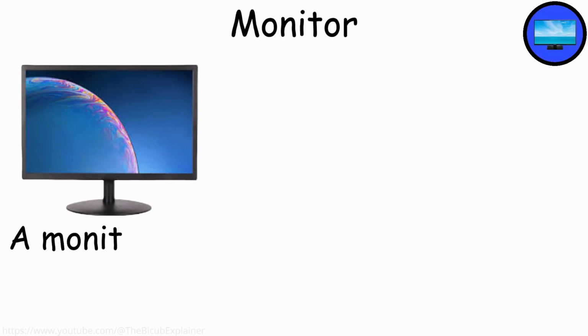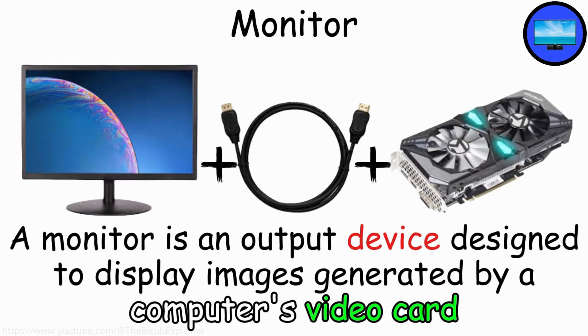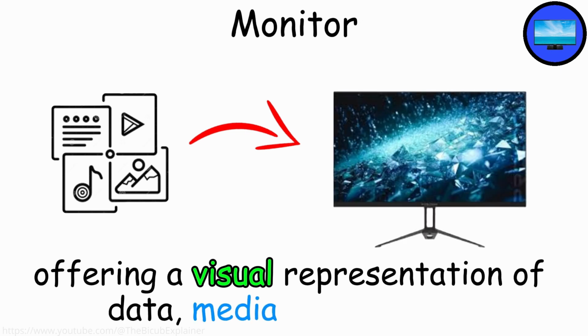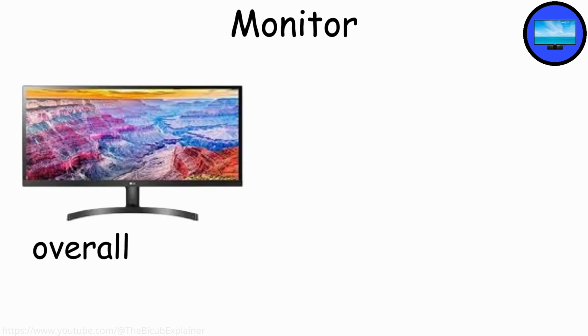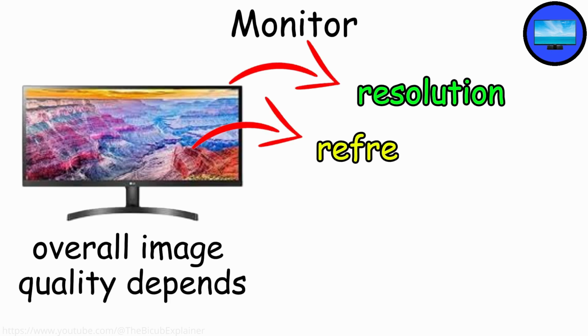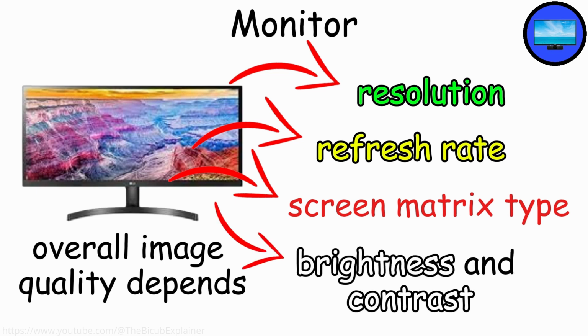Monitor. A monitor is an output device designed to display images generated by a computer's video card, offering a visual representation of data, media, and graphics. The overall image quality depends on factors such as resolution, refresh rate, screen matrix type, brightness, and contrast.